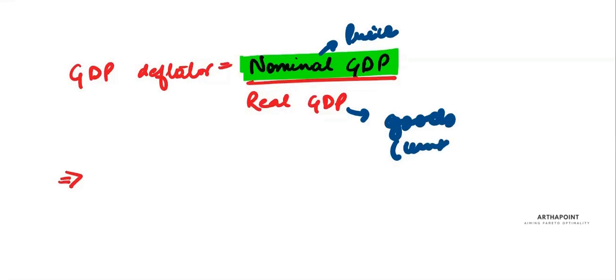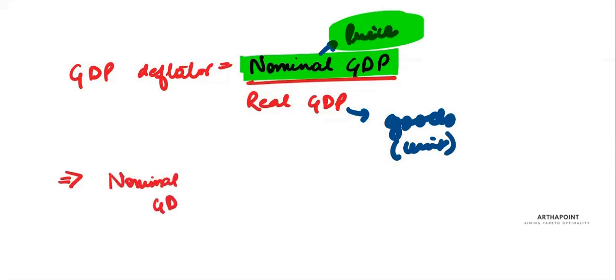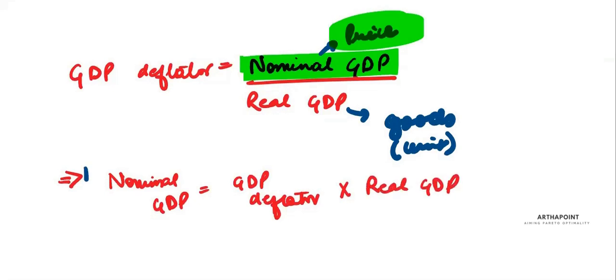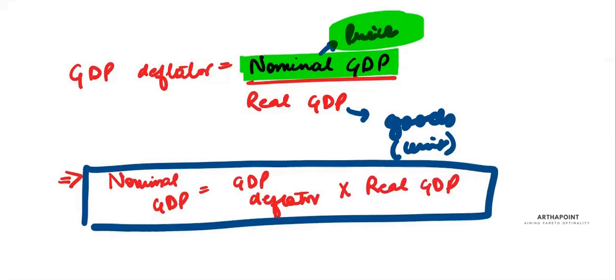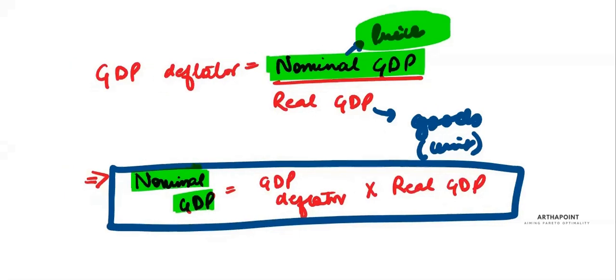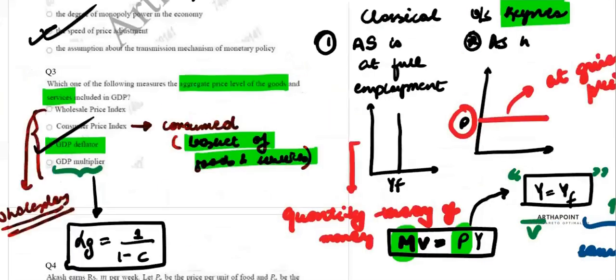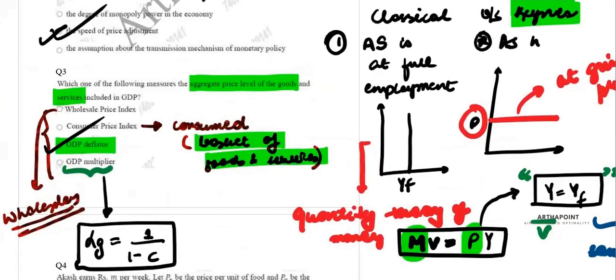So if I want my GDP in terms of price, I can rewrite it that my nominal GDP will be GDP deflator into real GDP. If I reverse this formula a bit, I will get the value of goods and services in terms of the prices. So the answer to this question is GDP deflator.